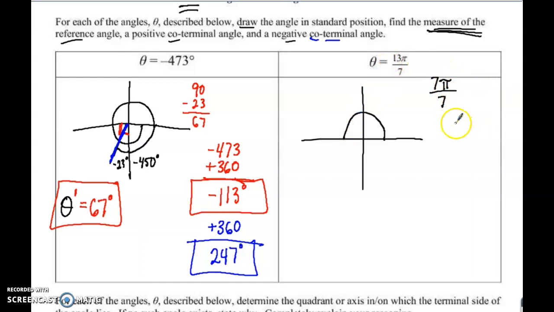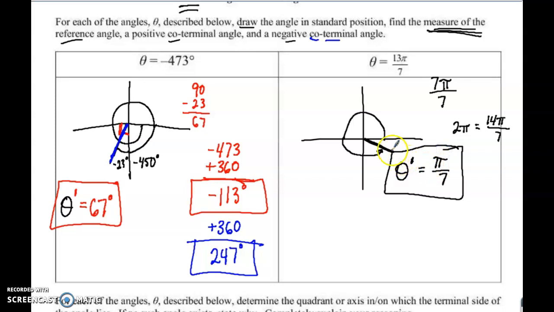If I were to consider 2 pi, that would be equal to 14 pi over 7. So it's definitely not quite that far. And your angle doesn't have to be perfect. Mine definitely isn't. But that helps me understand that we are going to be in the fourth quadrant, and that reference angle right there, I just need one more pi over 7 to get there. So there's my reference angle.